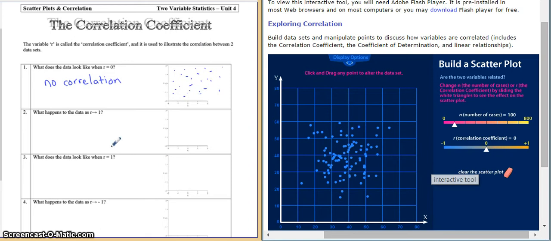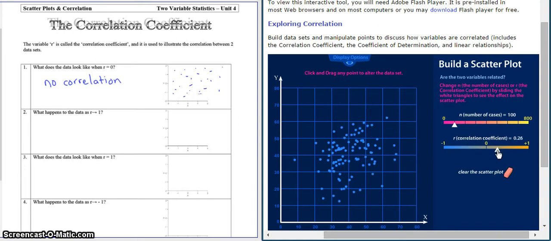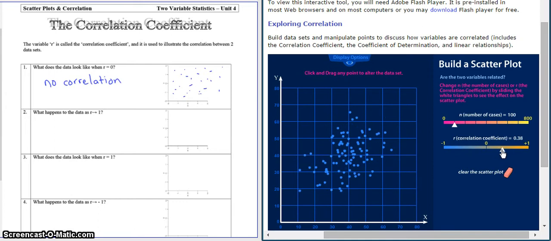Now, as the correlation coefficient approaches 1, I want you to take a look at what's happening to the data. So there's a correlation coefficient of 0.13, there's 0.26, there's 0.38, 0.51. What's happening as you approach 1?